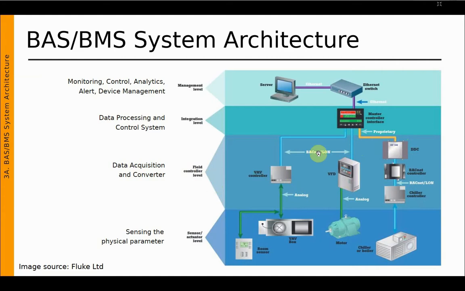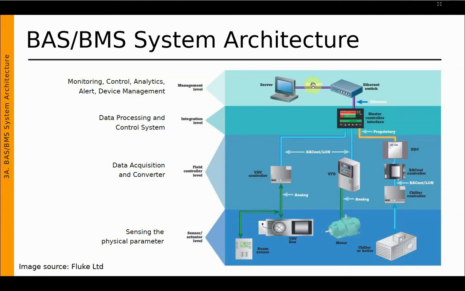At another upper level, we can see the master control interface. It's something like a main controller. The main controller is for data processing and the control system. It can control all of the field control level, and then communicate to the network.